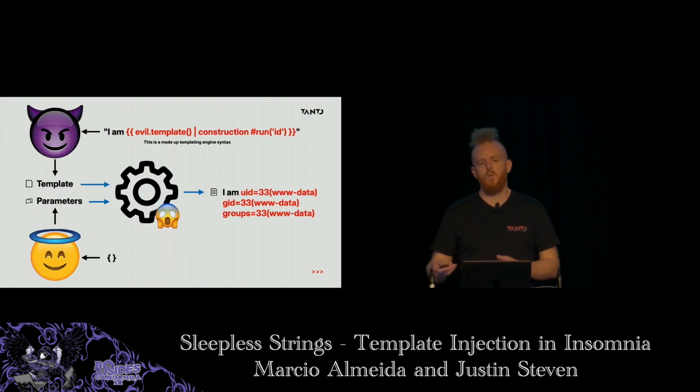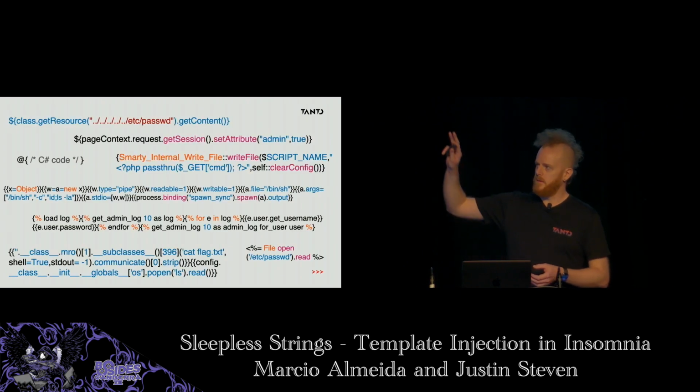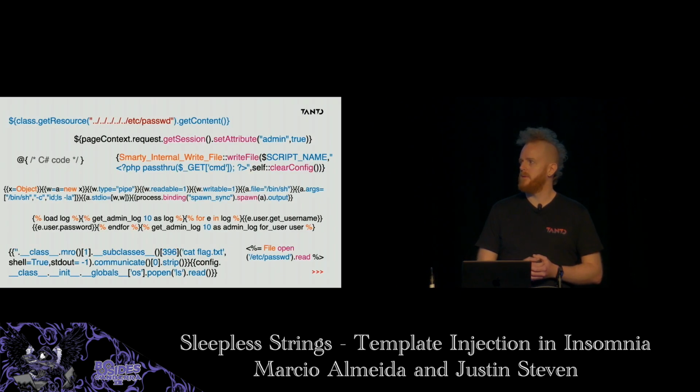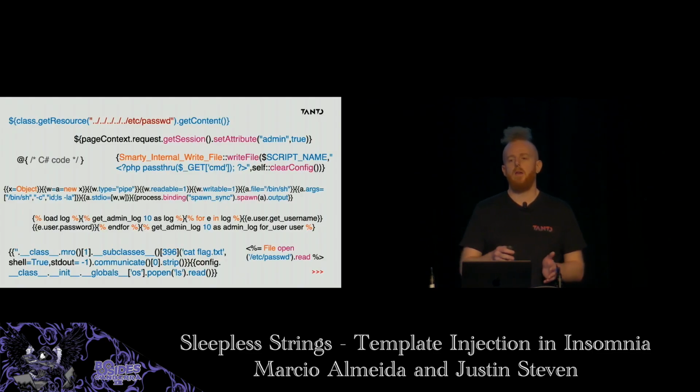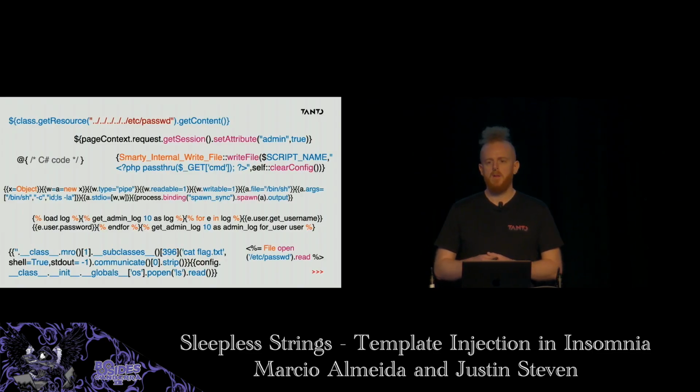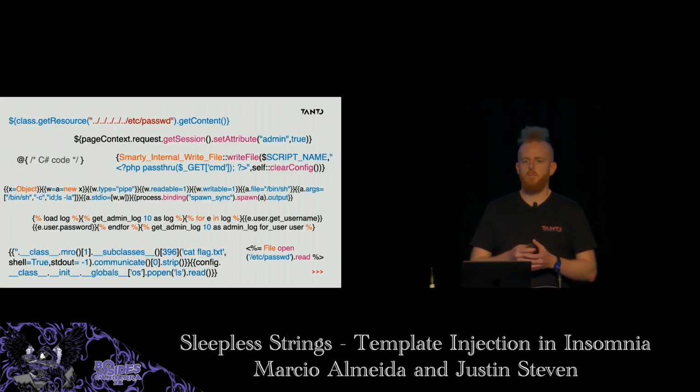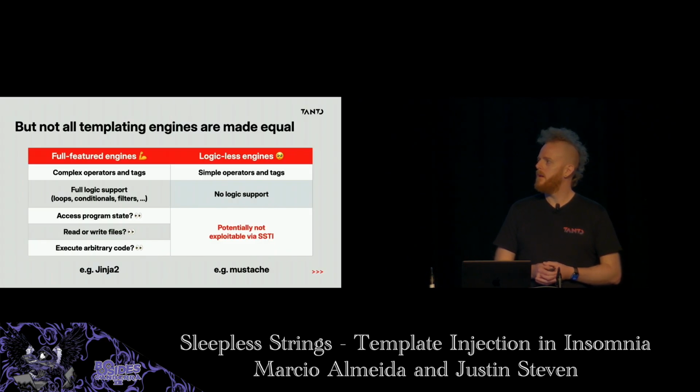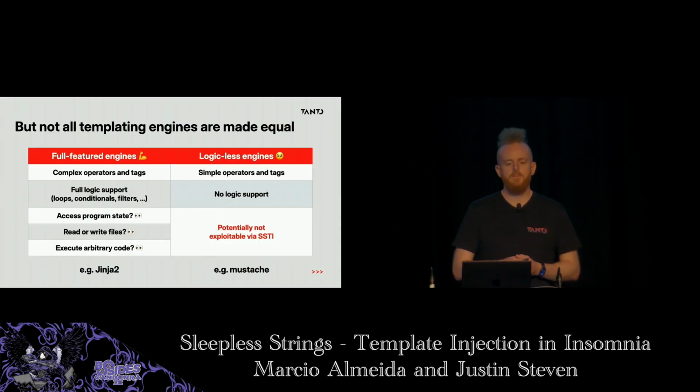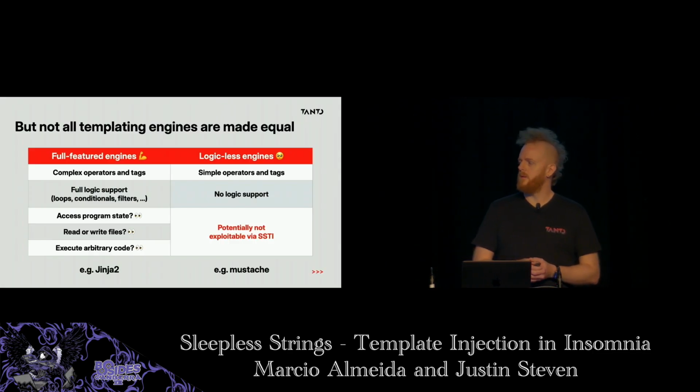These template engines are quite powerful technologies. Here's a little collage we've built of various different syntaxes for various different templating engines to show you the complexity and the power behind some of these engines and what the squigglies can do. Not all templating engines are made equal. A lot of them are really, really powerful, and these squiggly braces, or whatever the syntax is, can do some interesting things.